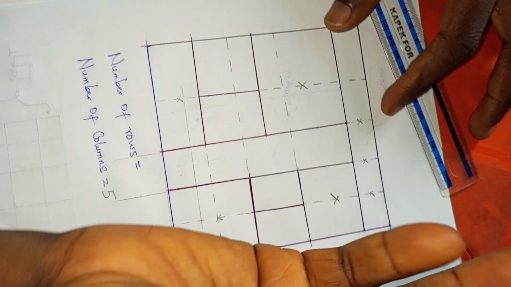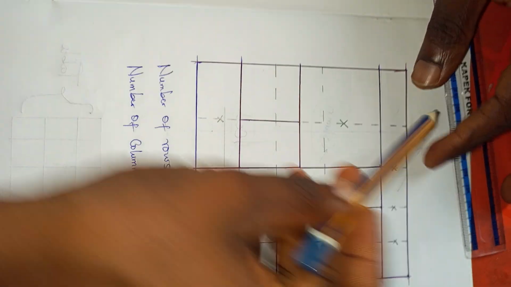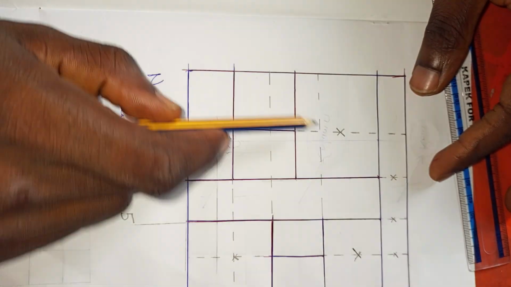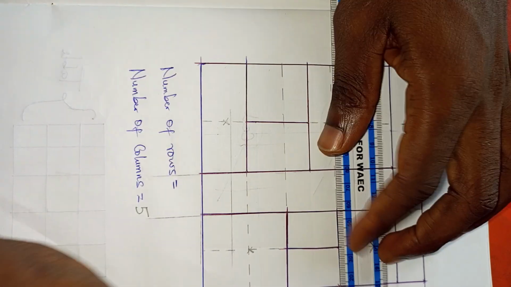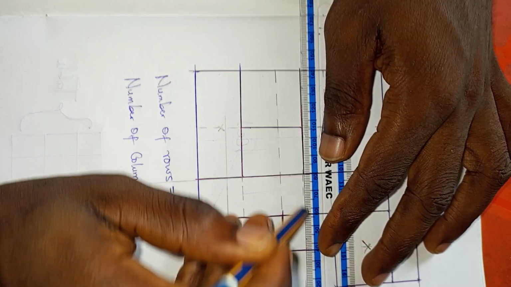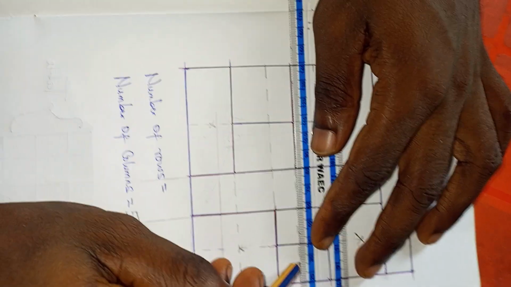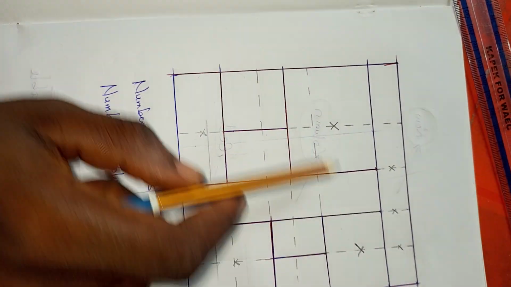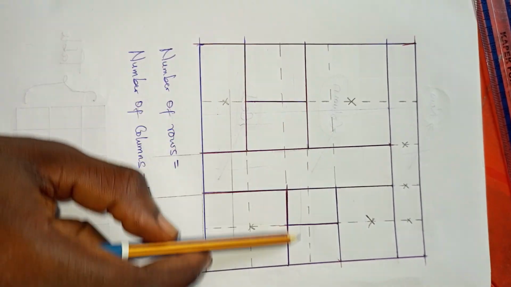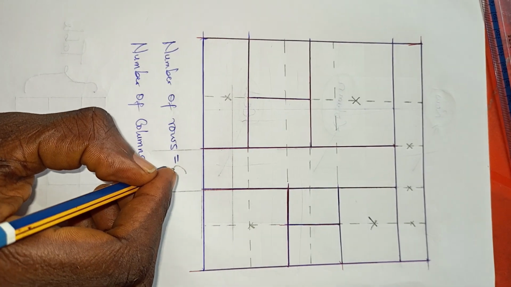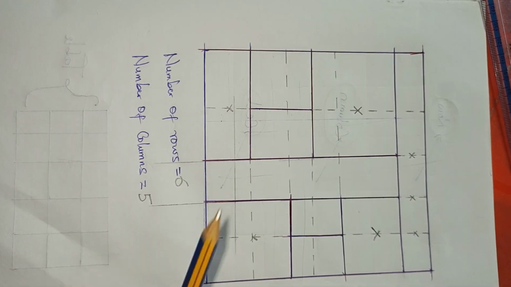So for my rows now, I have one, two. Oh, okay. Forgot this one. So for my table now, I have one, two, three, four, five, and six. So I have six rows. Let me count it again.